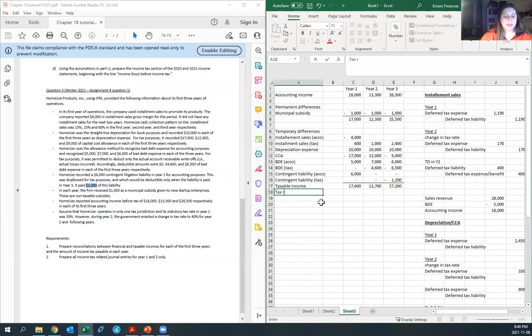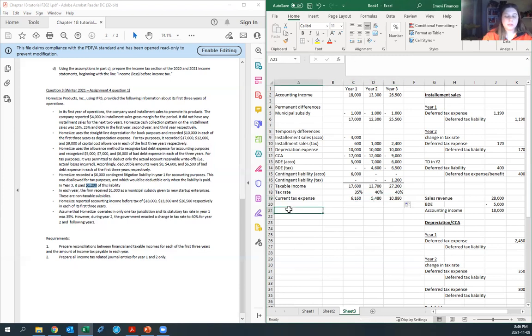Then your tax rate for year 1 is, oh, sorry, it's 35%. And then it's 40%, 40%. And then your current tax expense is your taxable income times your tax rates.